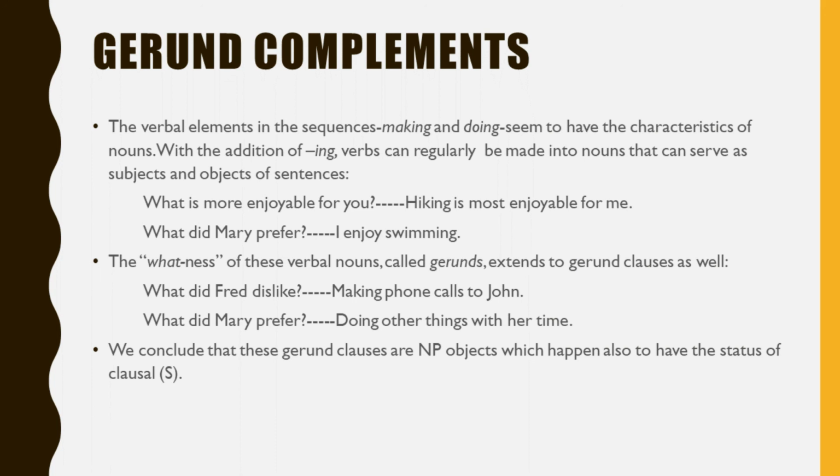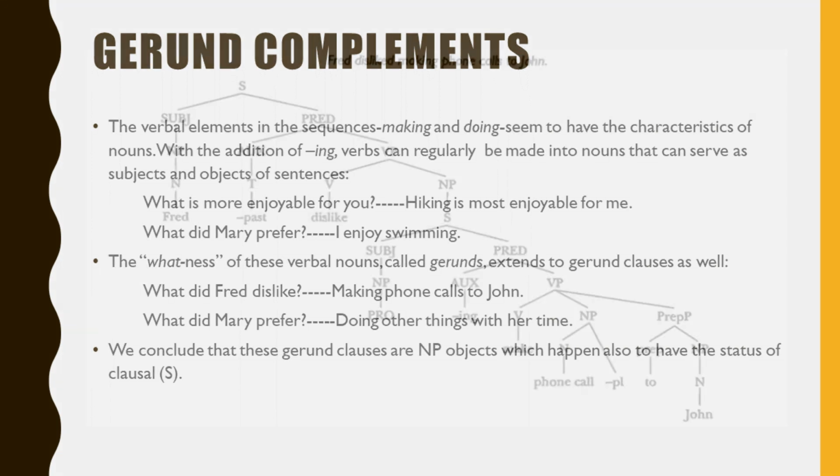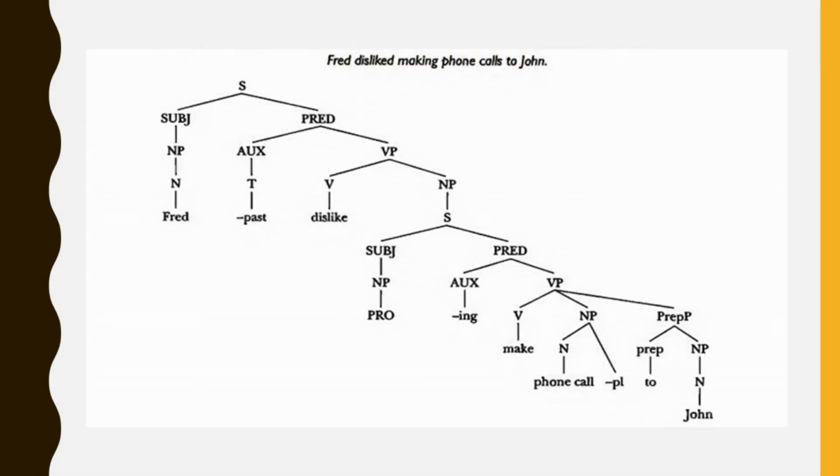The whatness of these verbal nouns called gerunds extends to gerund clauses as well. For example, what did Fred dislike? Making phone calls to John. What did Mary prefer? Doing other things with her time. We conclude that these gerund clauses are noun phrase objects, which happen also to have the status of clauses. The relevant tree structure is in the next slide.